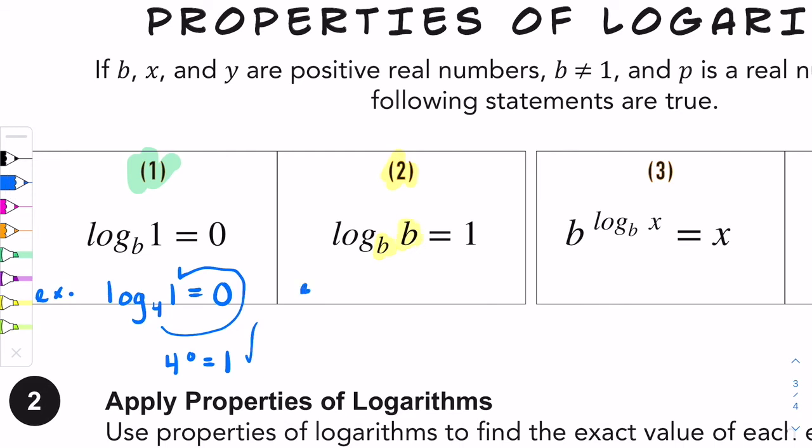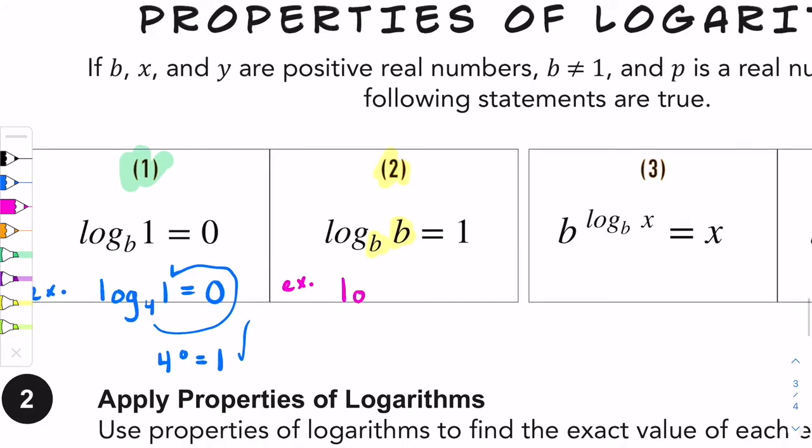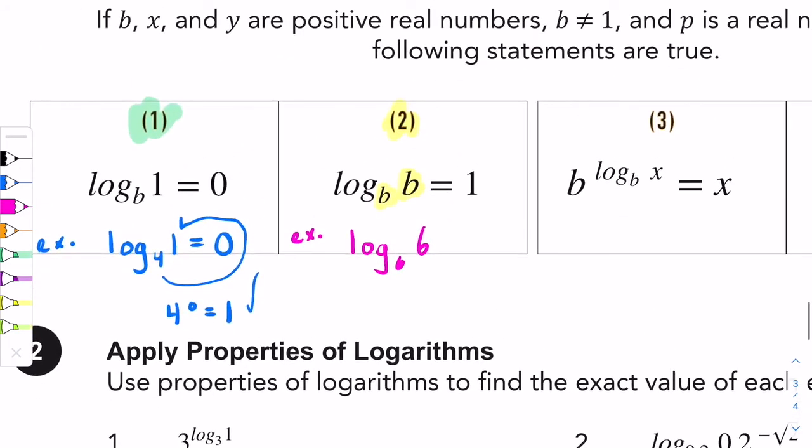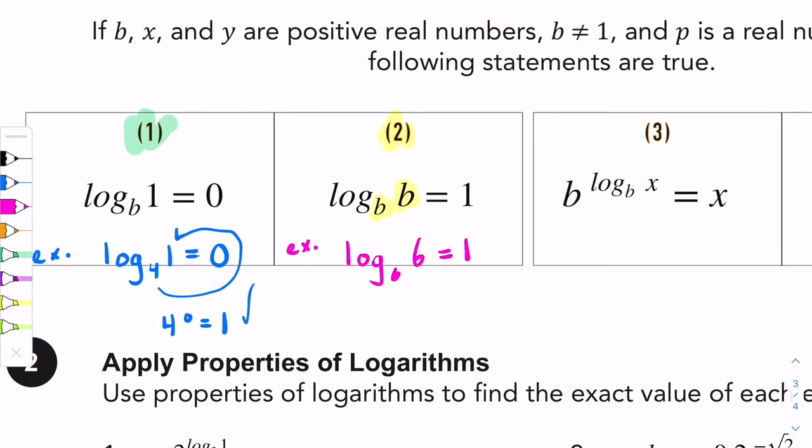If we look at an example of this, if we had log base 6 of 6, we know that if we convert this to exponential form and we solve, it's going to be equal to 1. And if you check this out, 6 raised to the power of 1 is equal to 6 is true. So I'm going over these properties, but they are just common sense, I think.